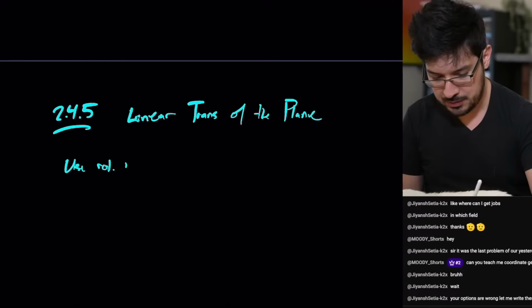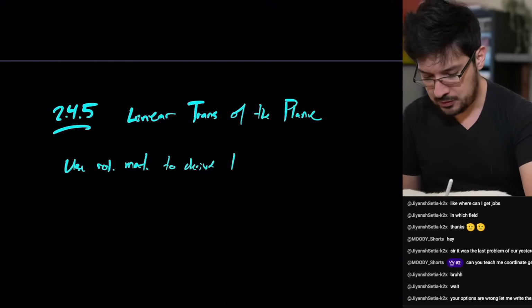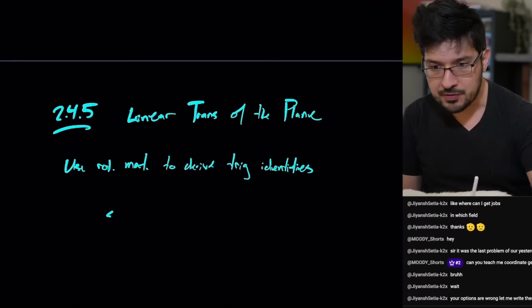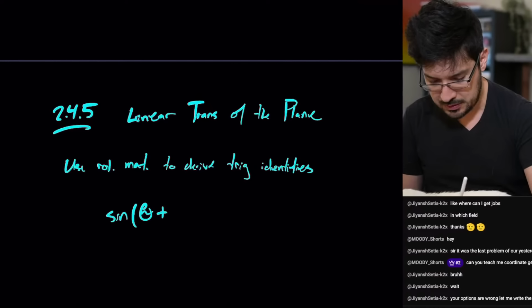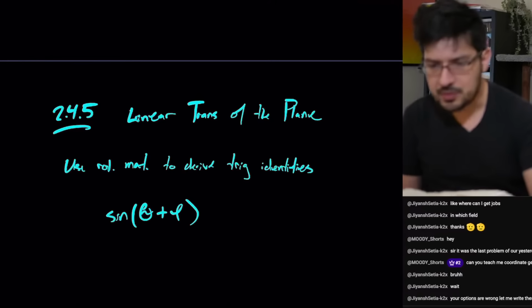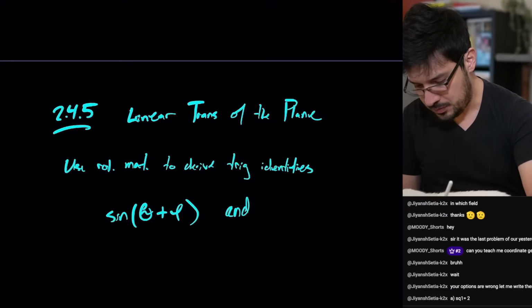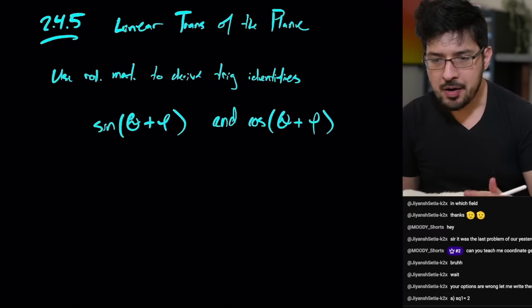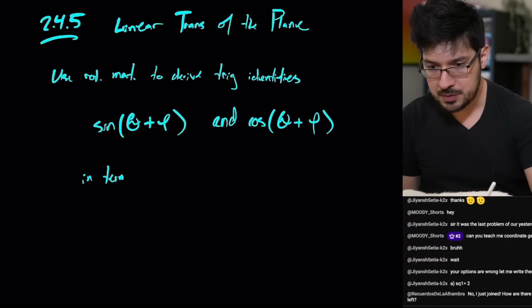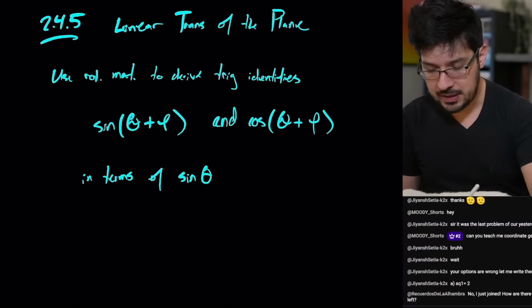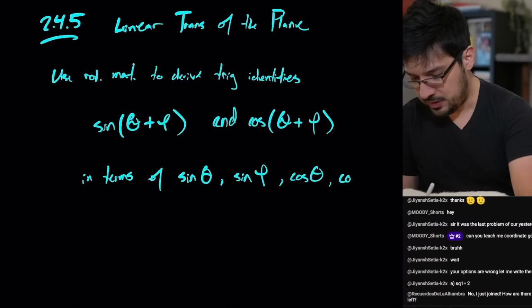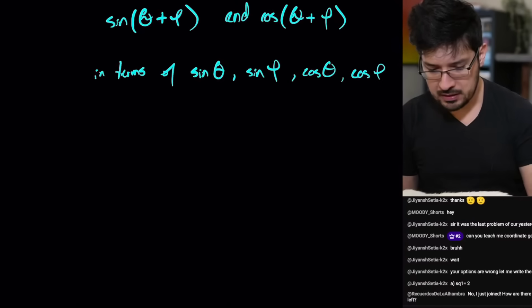Use the rotation matrix to derive trig identities for sine of theta plus phi and cosine of theta plus phi in terms of sine theta, sine phi, cosine theta, cosine phi. This is just like the previous problem.